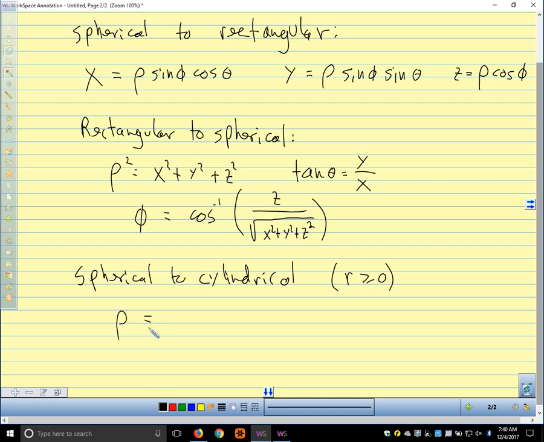Rho is the square root of r squared plus z squared. Theta equals theta, and phi is the inverse cosine of z over rho, where rho is the square root of r squared plus z squared.